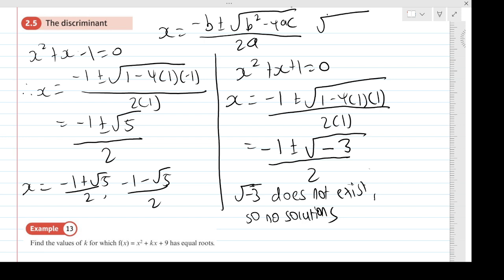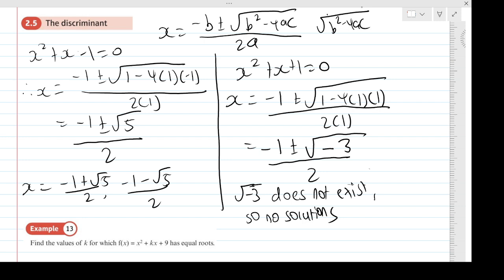So the square root of b squared minus 4ac is very important. As we saw on the left and the right side here, root minus 3 has a negative, so it doesn't exist. But on the left side, positive root 5, we do get solutions. So whether or not you get a solution to a quadratic all depends on whether the square root exists.